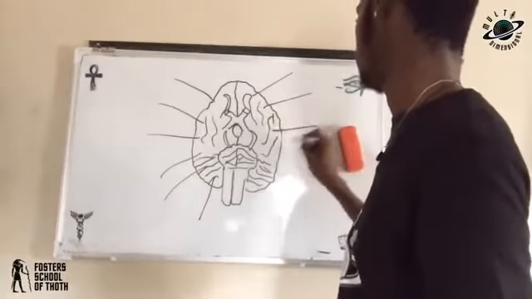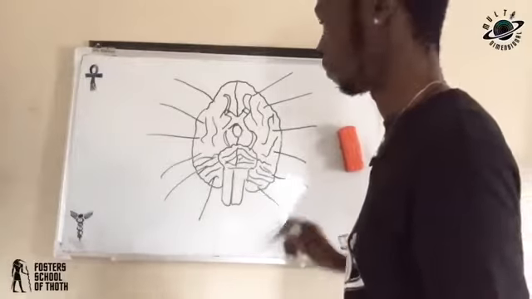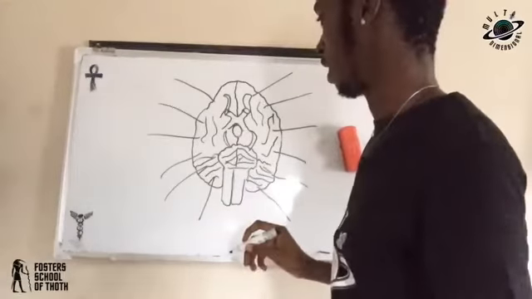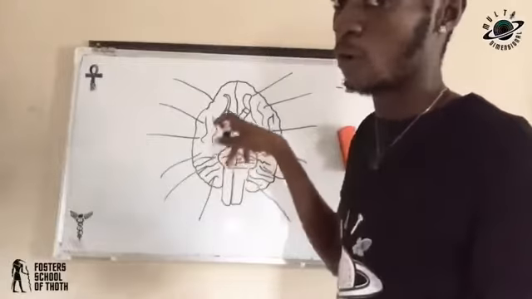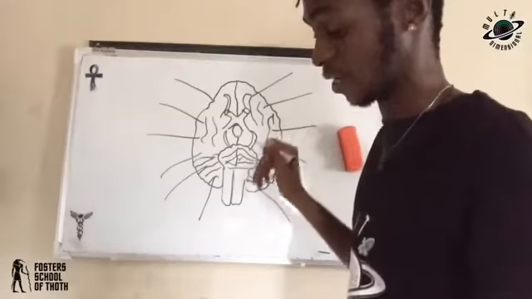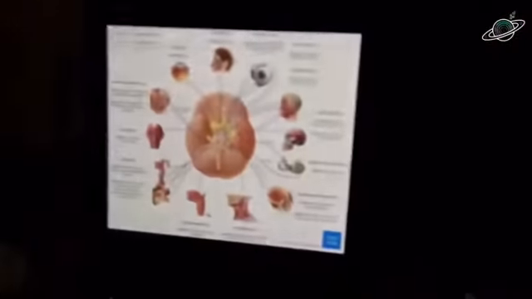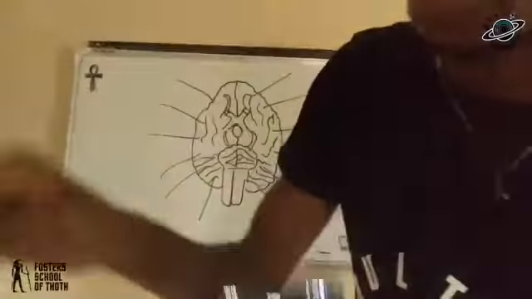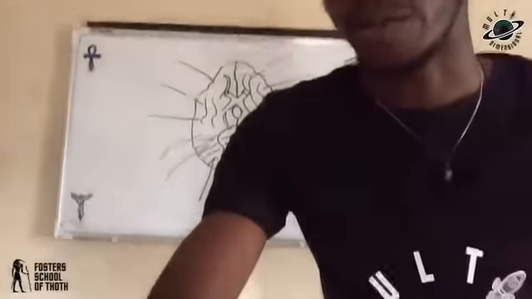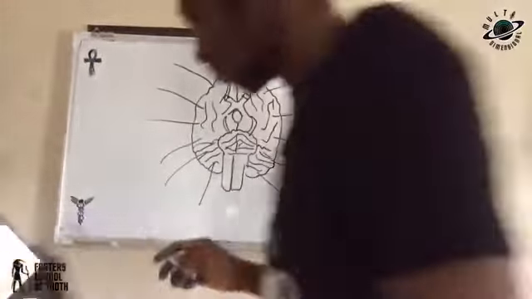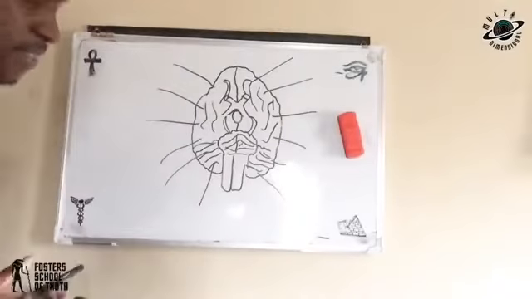So there are basically 12 cranial nerves located in your brain. As you see this diagram I'm using, anytime I try to explain with a diagram, it doesn't show well. So this is what I'll be using to explain it to you properly. Let me get my video back up. Now, check this out.